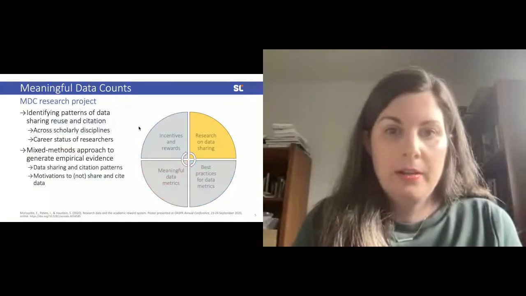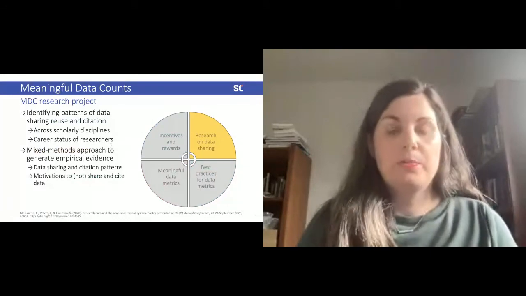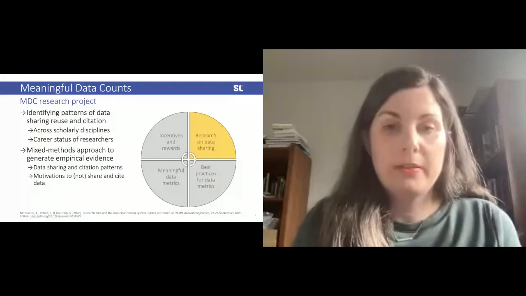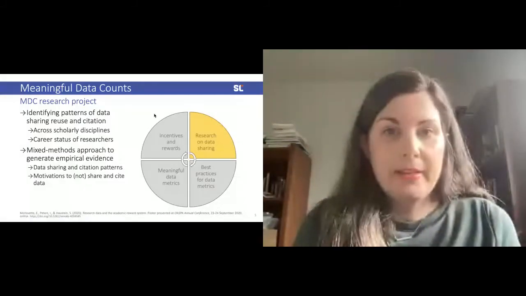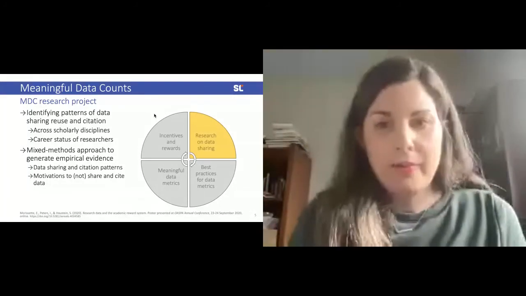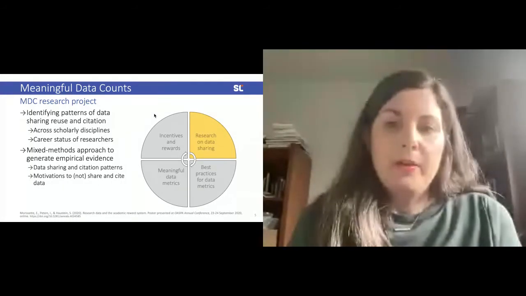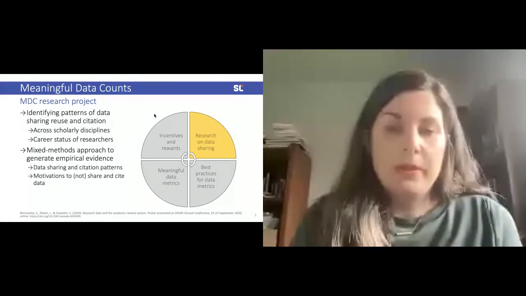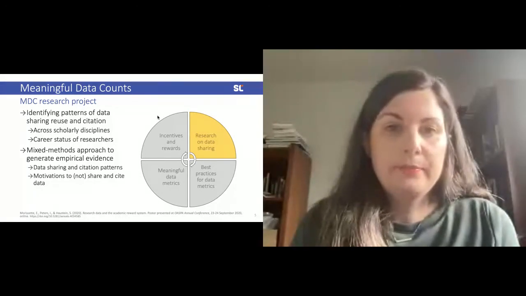Next slide. Our research project, the Meaningful Data Counts research project, is funded by the Sloan Foundation and is a sister project of the Make Data Count initiative. So we're the research arm, focusing more on the basic research and empirical data. We want to do research and provide empirical evidence on research data sharing.